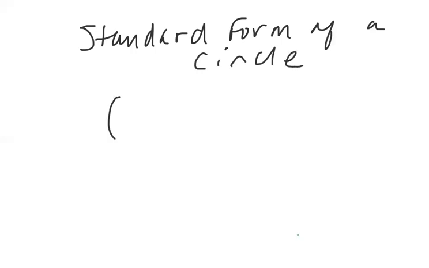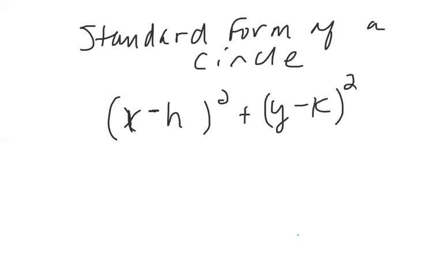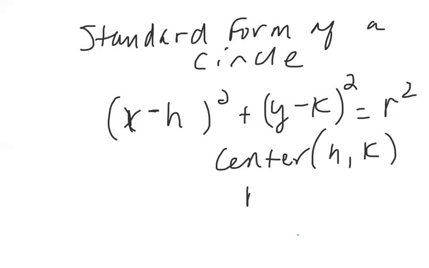It is, guys, x minus h squared plus y minus k squared is equal to r squared. Now, guys, remember the center is h comma k, while the radius is represented as r.